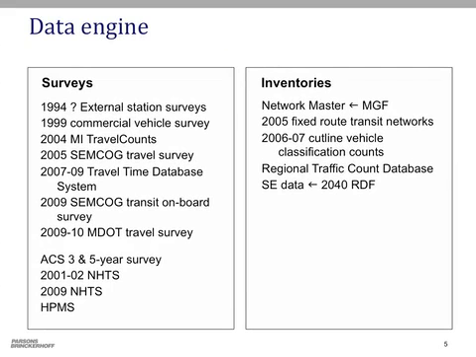A little bit about the data is also a discussion worth having. SEMCOG has a lot of survey data, probably more so than a lot of MPOs that we've worked with over time. I've broken this down into two categories of data: survey data and inventories.